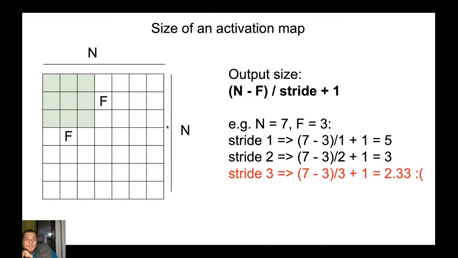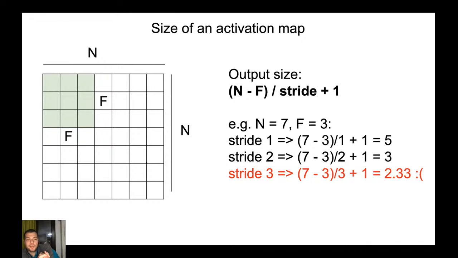So the formula so far to determine the size of the output is equal to the size of the input n minus the size of the filter, divided by the stride, plus 1.